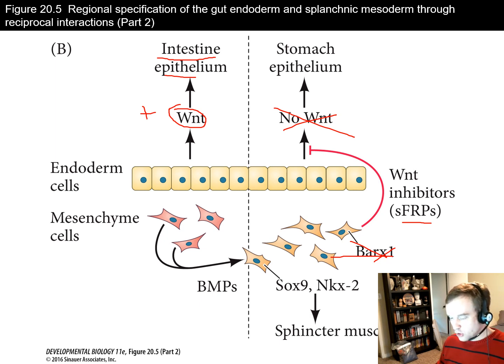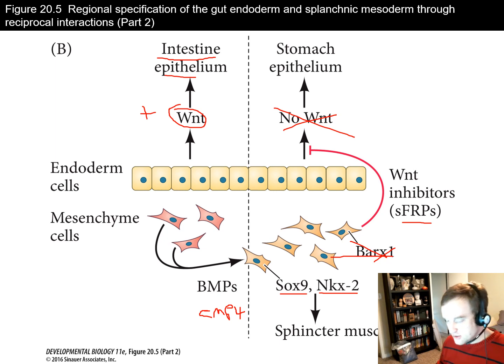Now, more caudally, from the stomach at least, we see that there is another gene that isn't on here, BMP4, which is expressed by the surrounding tissue, and that instructs the anterior mesoderm to express SOX9 and NKX2.